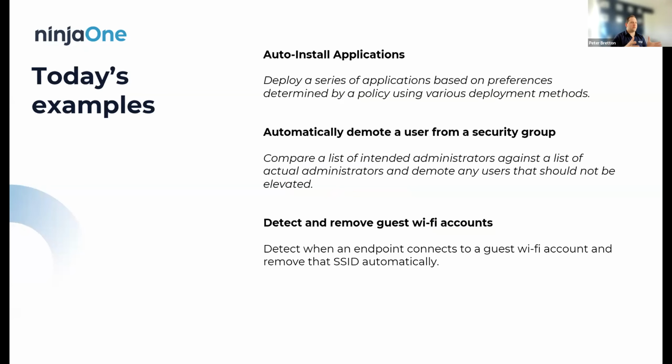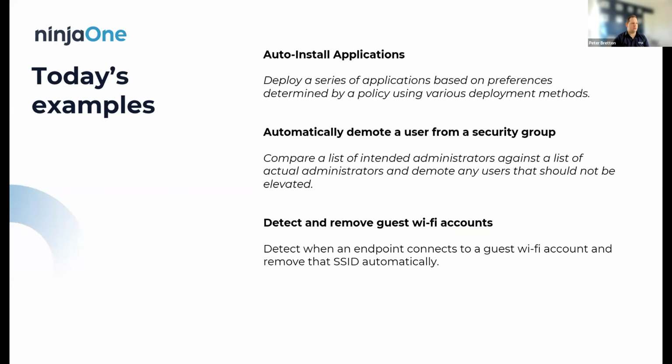So even if these particular automations aren't something that you want to replicate, the process of building them and the framework that we go through to get to the end result should be replicable in your environment to your own use cases in your own automations. And that's kind of what you should take away from it today. So we are going to start with Jeff going through a complex way to auto install applications.